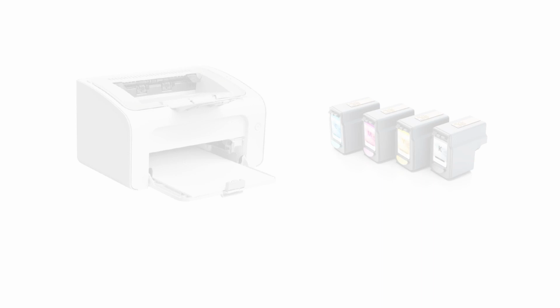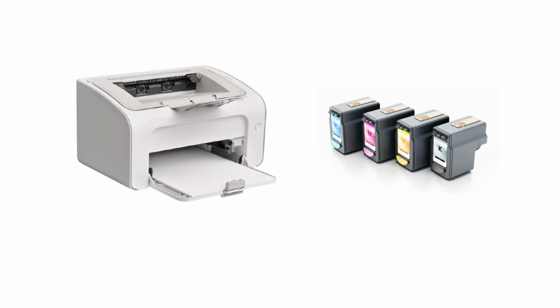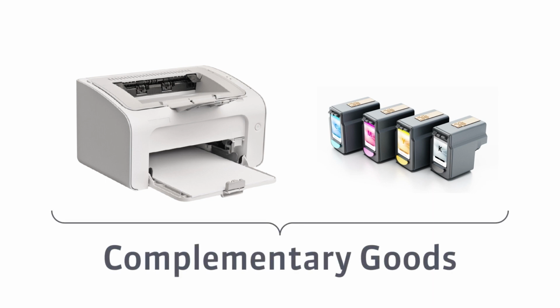For this reason, the company cannot stop producing and selling printers. Some companies deliberately sell one of their products below the break-even point, because this sale allows them to earn money by selling other products. We call these types of products complementary goods.